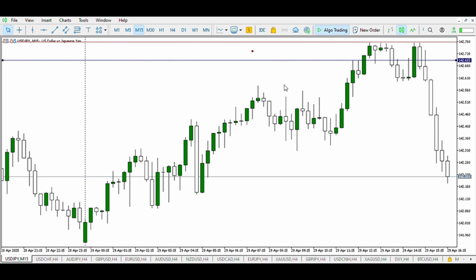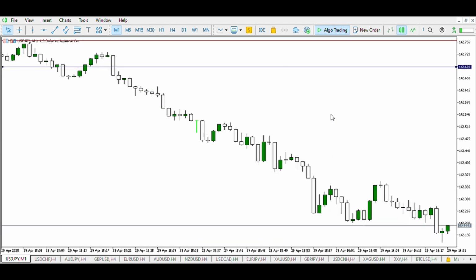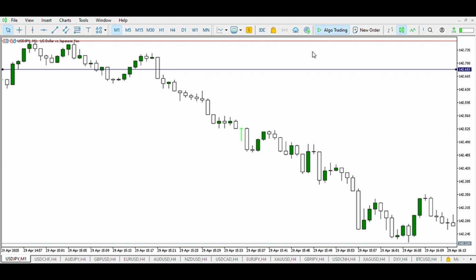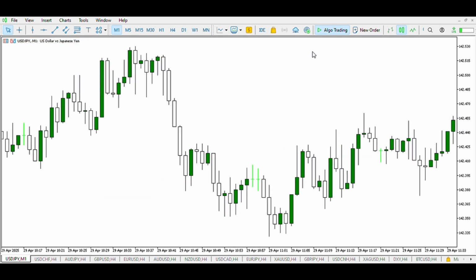You can even scale as low as the 1 minute time frame, and in the 1 minute time frame you scale lower to look for a sniper entry.